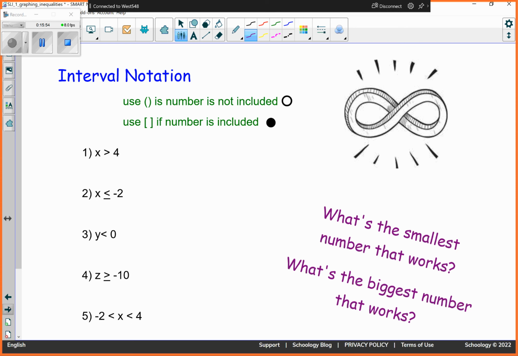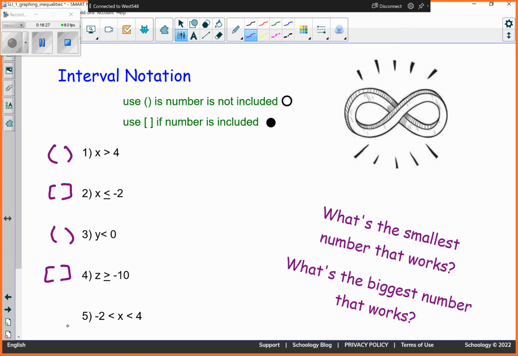Okay, before we go any further, problem number 1, do you think it's going to have parentheses or square brackets? Parentheses. Problem number 2, square or parentheses? Number 3? Problem number 4? Number 5?